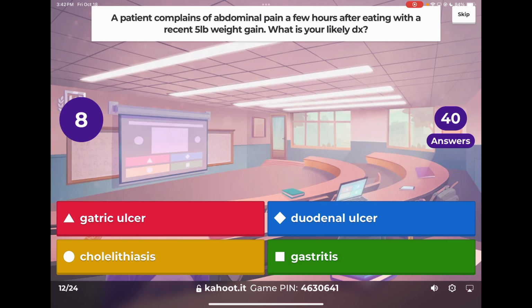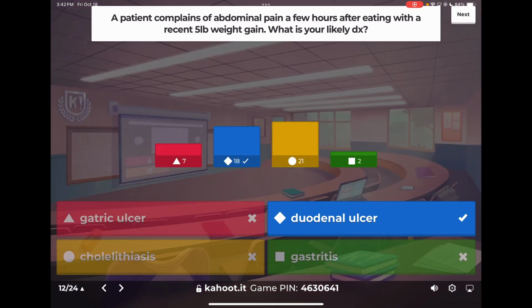They're very specific. Okay. Duodenal versus a gastric ulcer. Which one causes the pain immediately? Gastrics. And because of that, what don't they want to do? Eat. So they lose weight with a gastric ulcer.